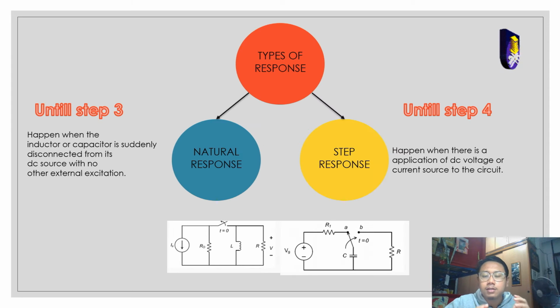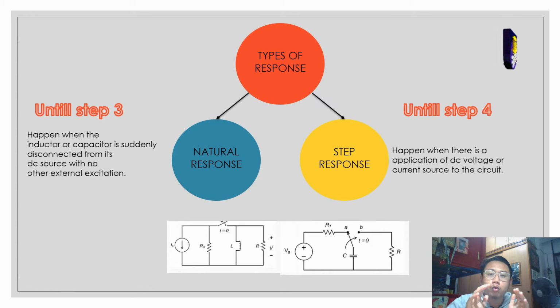So next, in DC transient analysis there are two types of response, which are natural response and also step response. Natural response happens when the inductor or capacitor is suddenly disconnected from its DC source with no other external excitation.